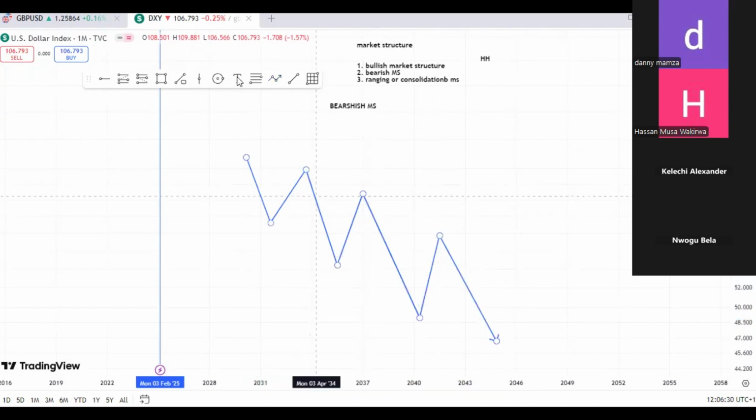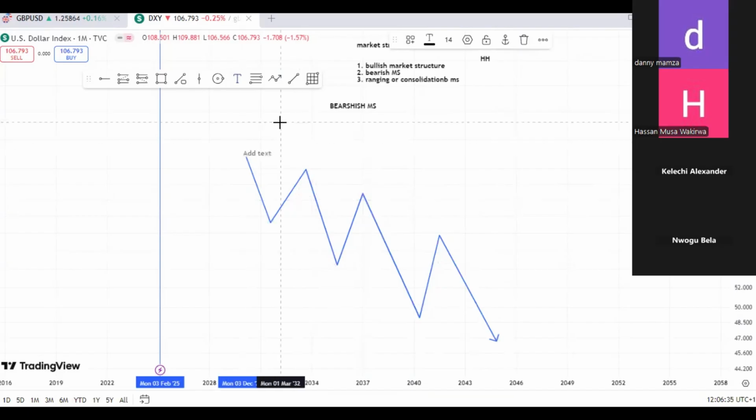You don't really need to, with time you understand the terminologies. So this is a lower high. Here, this is a lower low, because the market is actually going down.